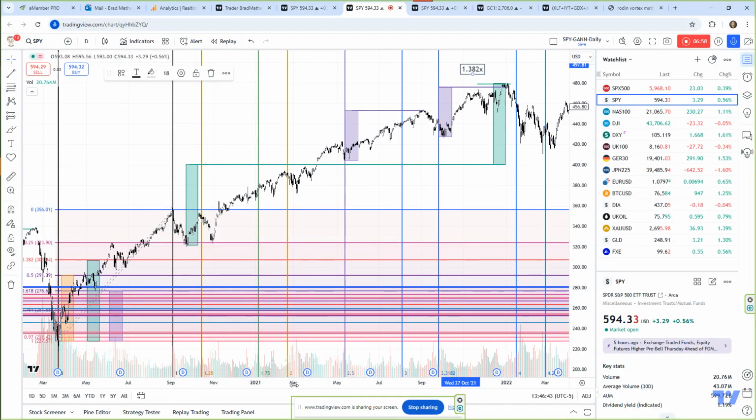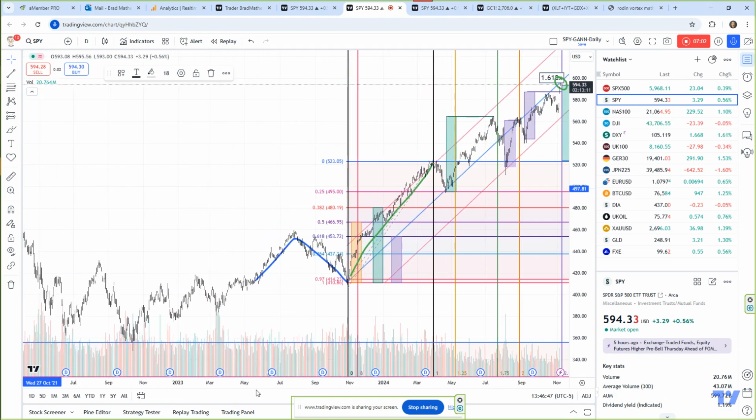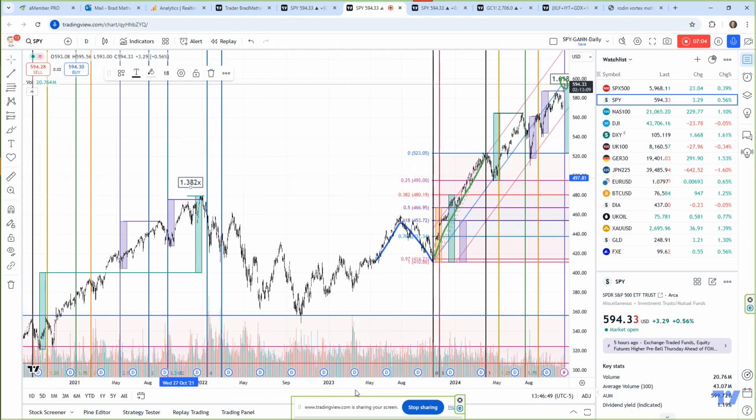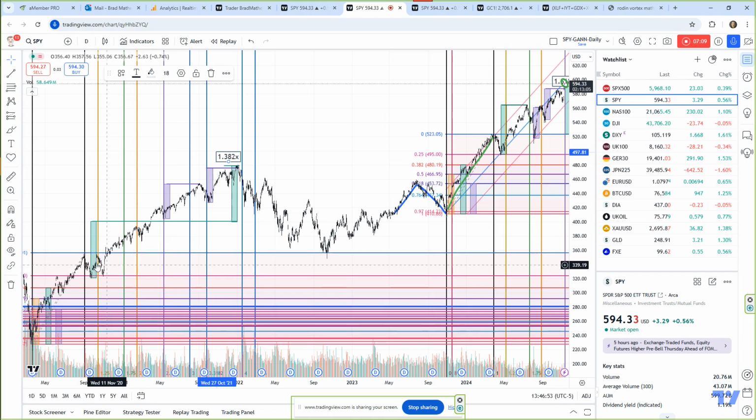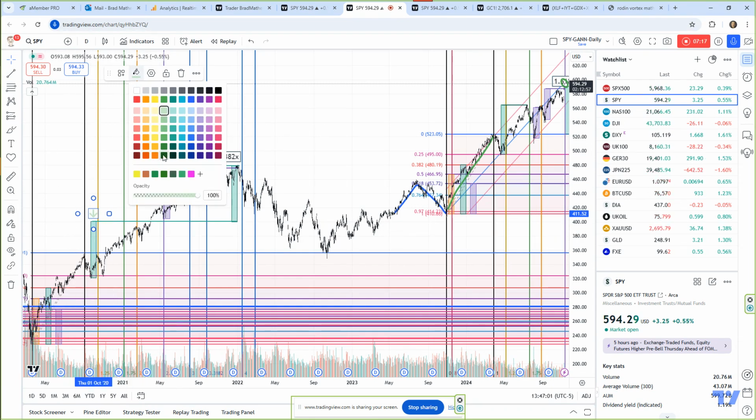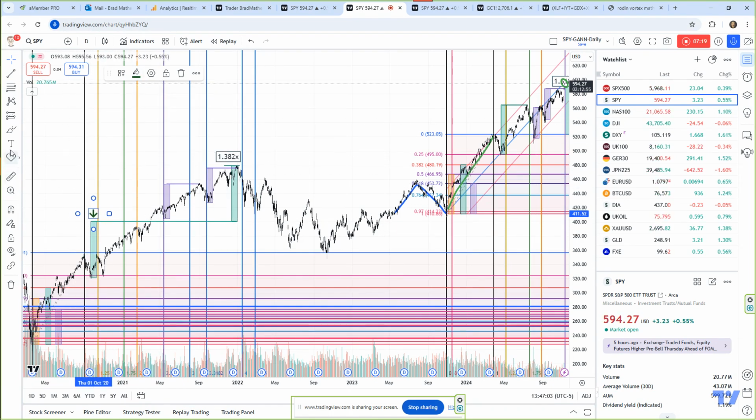So remember, come back over here, we've got two examples where the initial rally after the bottom has qualified with this block. So I'll try to draw the arrow here indicating this is our initial rally block. And this is our initial rally block right here.